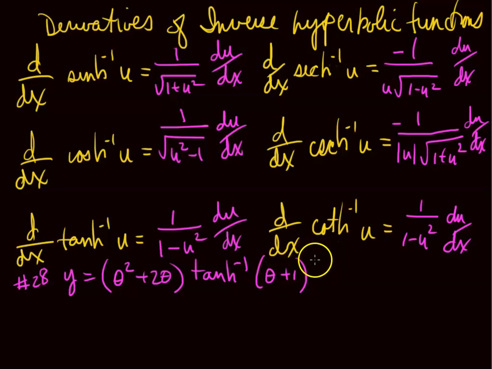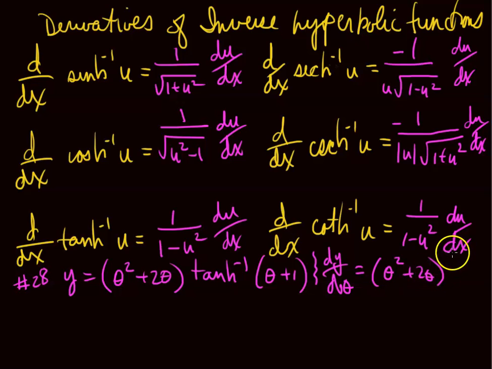I might have to start here. dy d theta, it's the first, right, times the derivative of the second. Now, remember the derivative of the tanh inverse is 1 over 1 minus u squared.